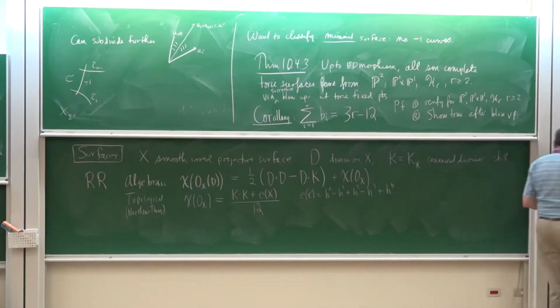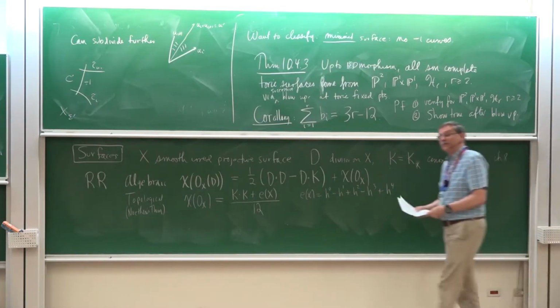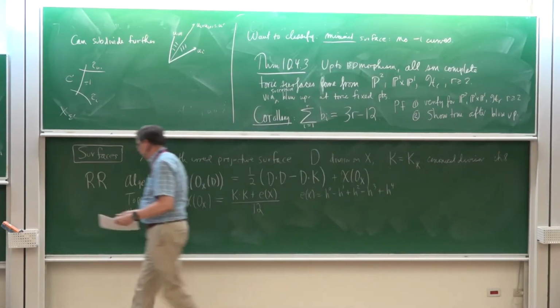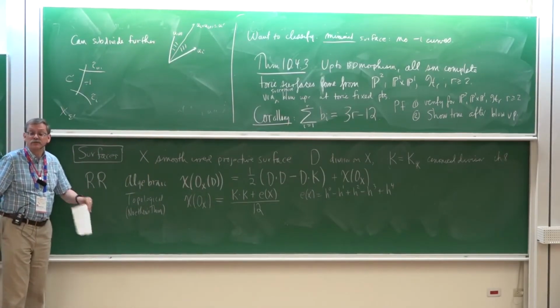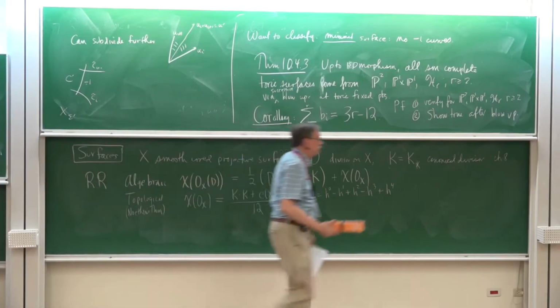So one thing I'm going to do is actually prove part of this in the toric case. I'm going to prove Noether's theorem for smooth, complete toric surfaces.